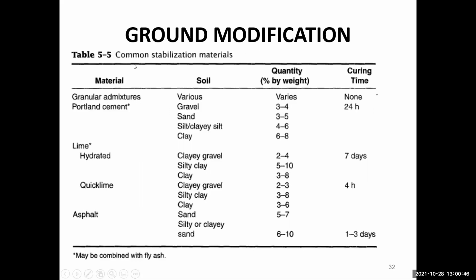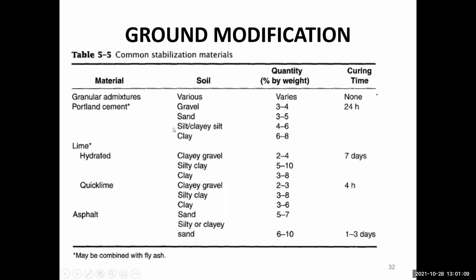Granular modification. The common stabilization materials are these granular admixtures. They can be used in various types of soils. Its quantity varies. Portland cement can be used in gravel, sand, silty clay, and silt.